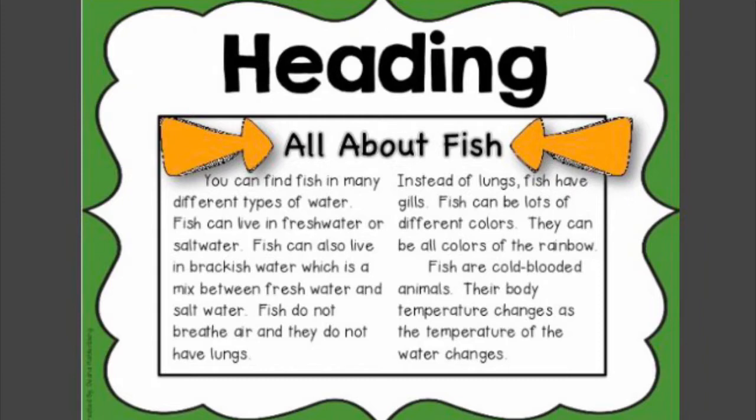If I'm the reader, I can look right at the top of the page for the heading and see what I am going to be reading and learning about. So this heading says all about fish. So I know as the reader, when I see that heading, that this page is going to tell me all about fish. So we're going to add a heading to my writing that is going to tell you what you're going to see on the page. Let's look at my book.